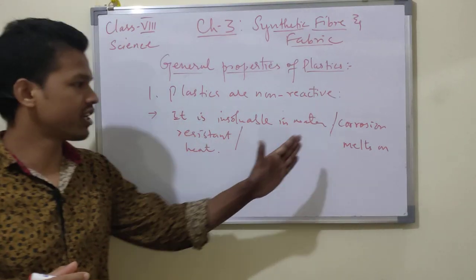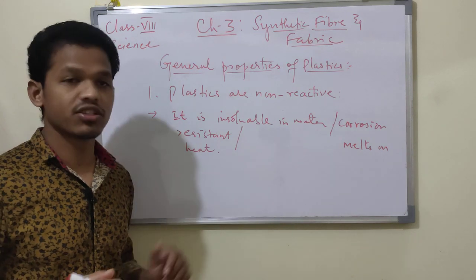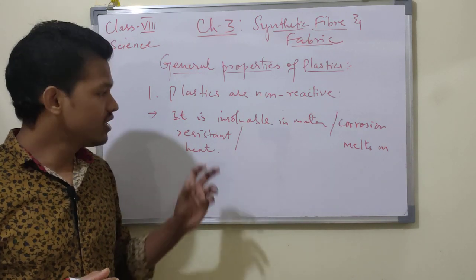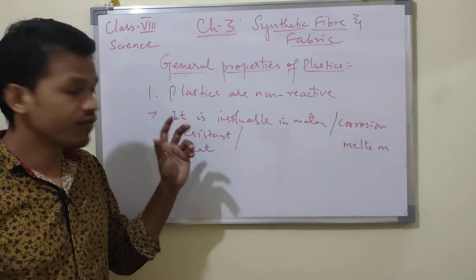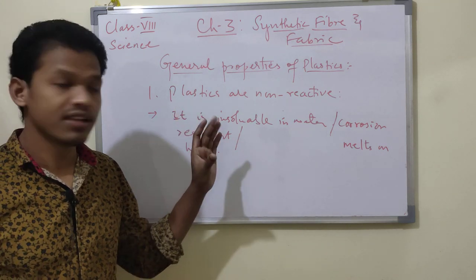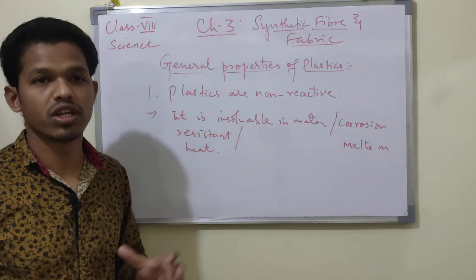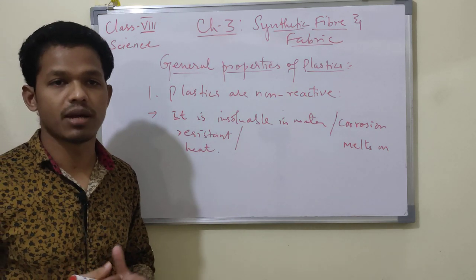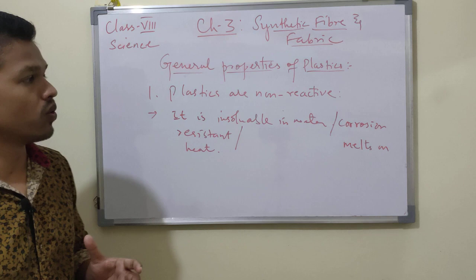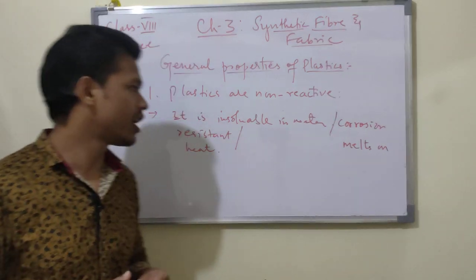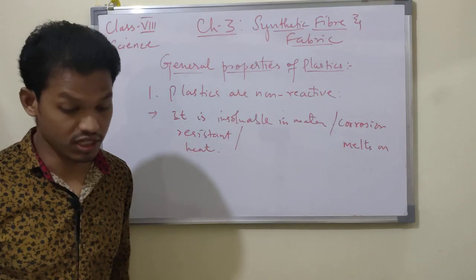So it is insoluble in water, corrosion resistant, and melts on heating. These are the important properties. Therefore, instead of metal, plastics are used for storing chemicals or other materials in normal conditions, at normal temperature.